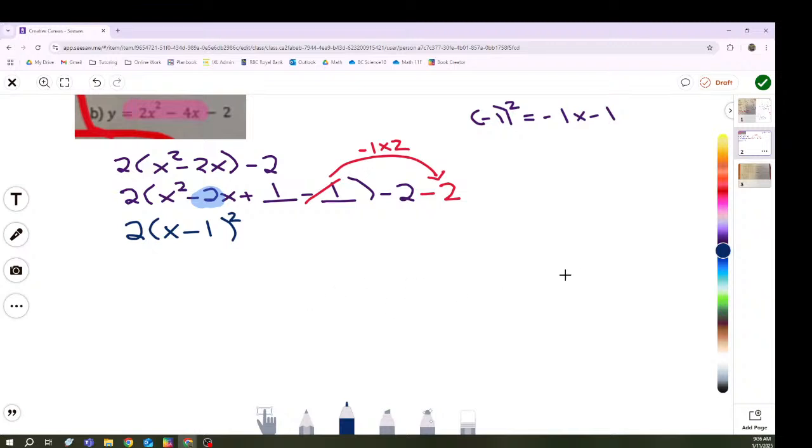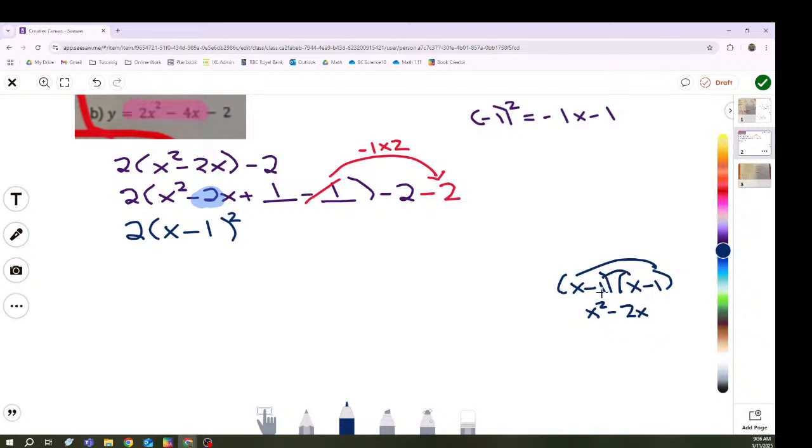Which makes sense if we think back to last year, grade 10 math. If I was to have FOILed x minus 1 times x minus 1, what would we have gotten? Right, because minus 1x and another minus 1x.